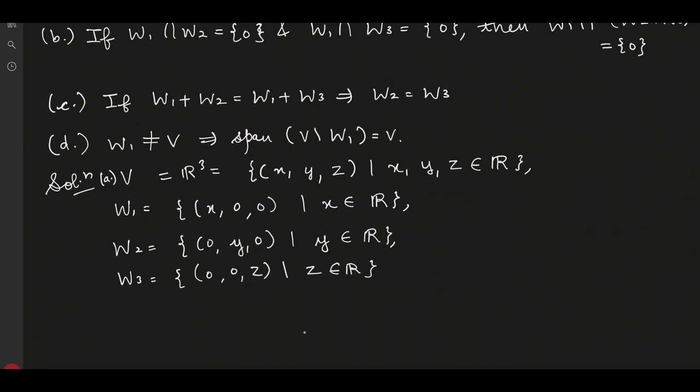Now clearly vector space V can be written with the help of these three subspaces.